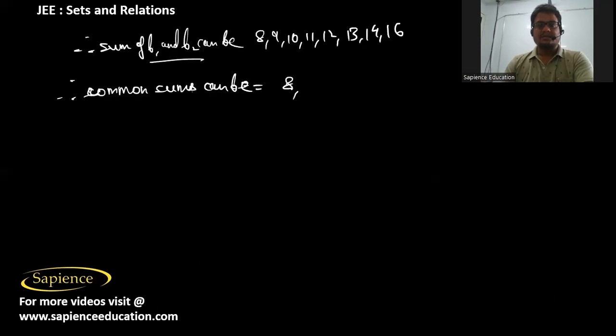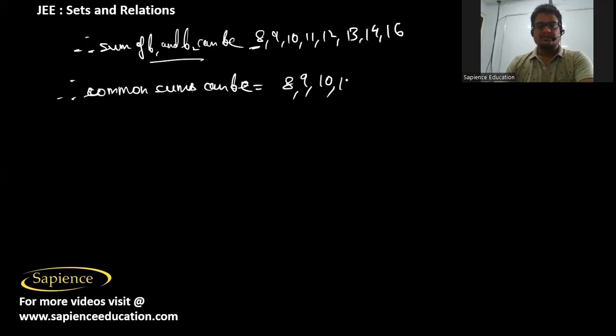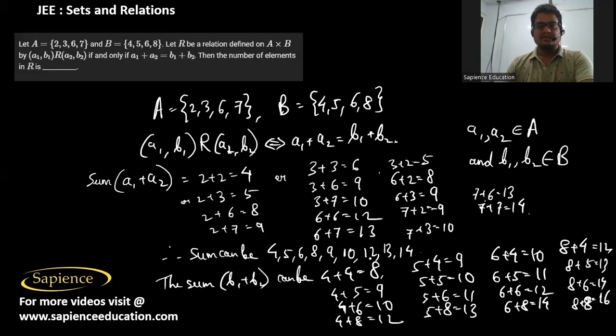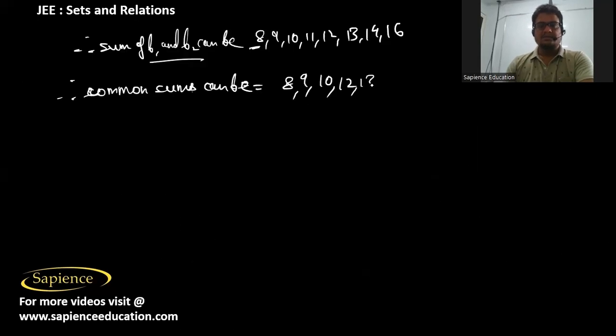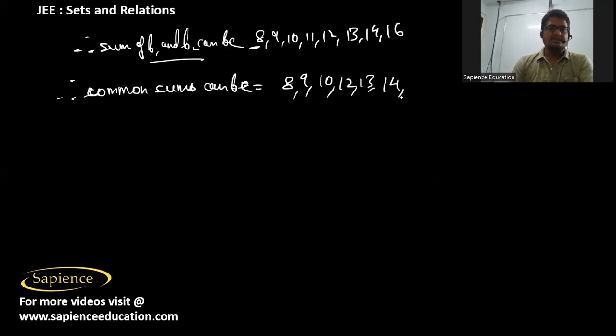So 8 is common, 9 is also common, then 10 is also common, 11 is not common, 12 is common since 12 is here also and here also, 13 is also common, 14 is also common, but 16 is not there. So these are the common sums.